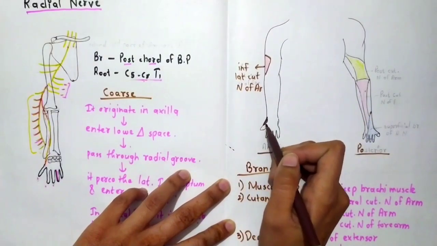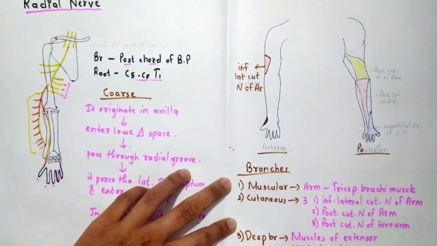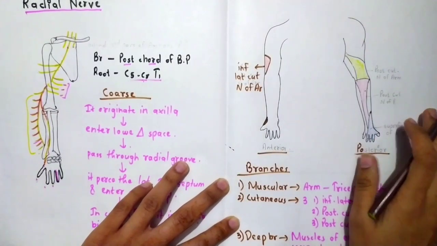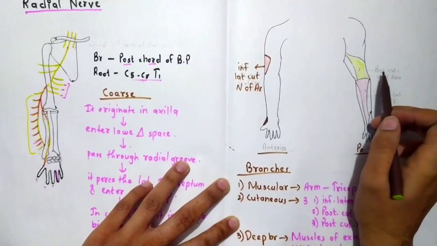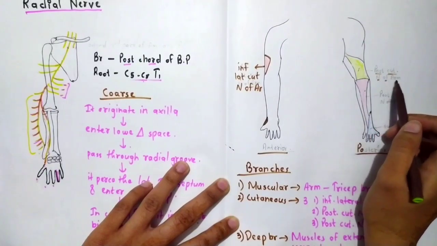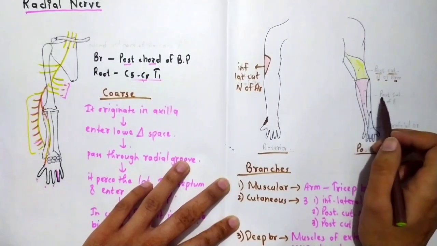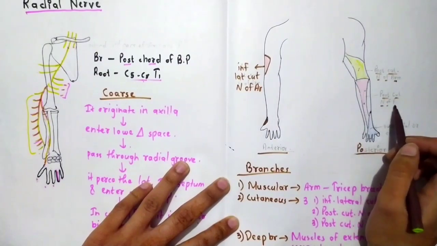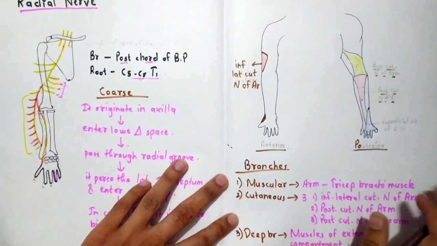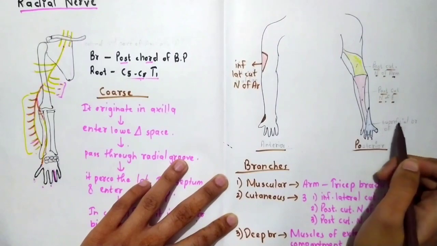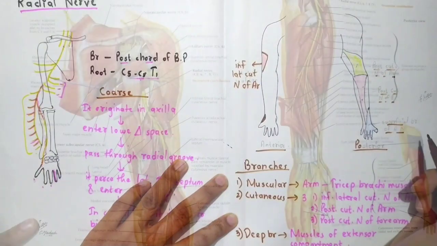Some part of the thumb it will supply from the superficial branch. This is the region of the arm supplied by the posterior cutaneous nerve of arm, and this is the region of the forearm supplied by the posterior cutaneous nerve of forearm. And this is the lateral 3.5 fingers, supplied by the superficial branch of the radial nerve.